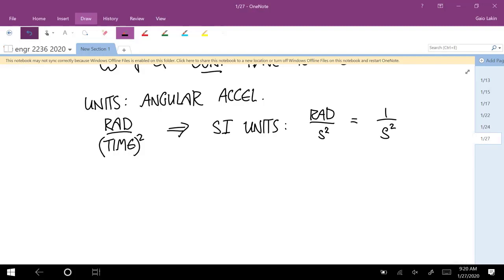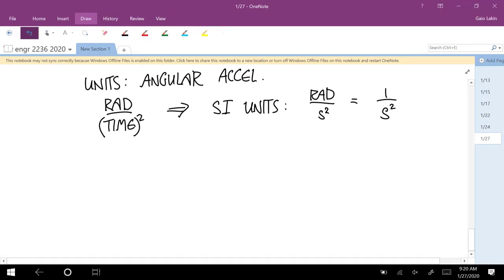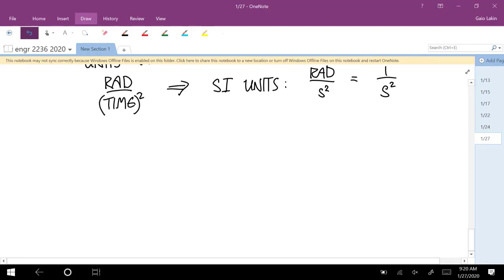All right, so now that we have these two new rotational quantities defined, here are the two important equations that are going to come up in every circular or spherical motion problem.